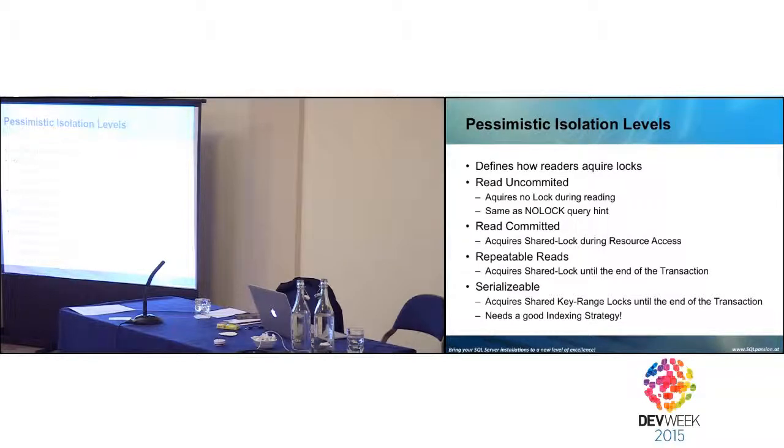Just think about that. And finally, we have a fourth isolation level called Serializable. And with Serializable, SQL Server tries to make a range of records stable so that we have a so-called phantom avoidance. Imagine you have a select statement, and with that select statement you retrieve all your customers from UK.